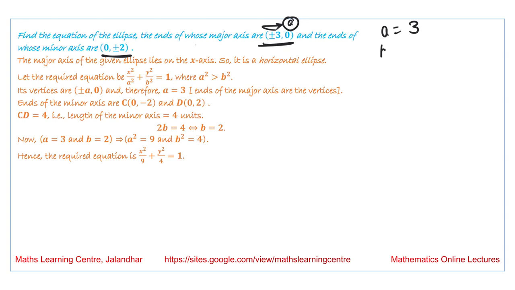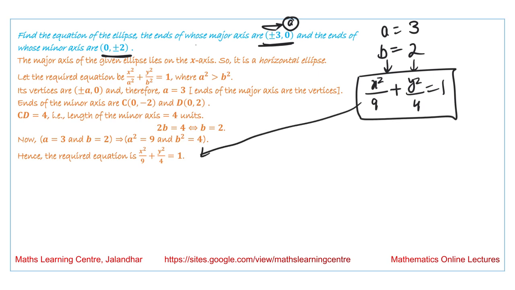It means the value of b is given to be 2. So the equation of the ellipse will be x square over a square plus y square over b square is equal to 1. So this is the required equation of the ellipse satisfying the given conditions.